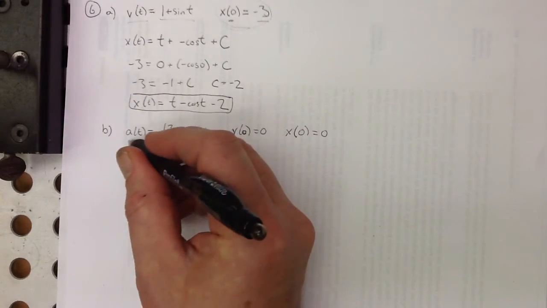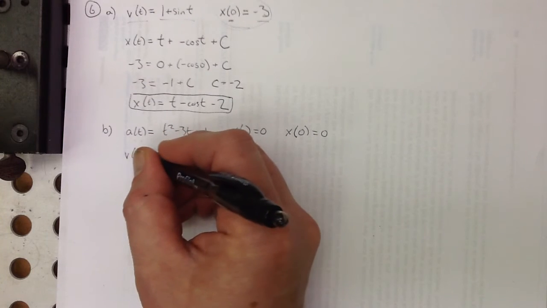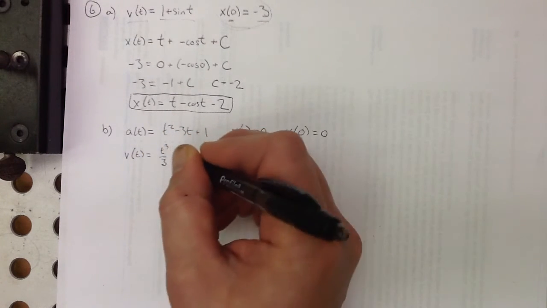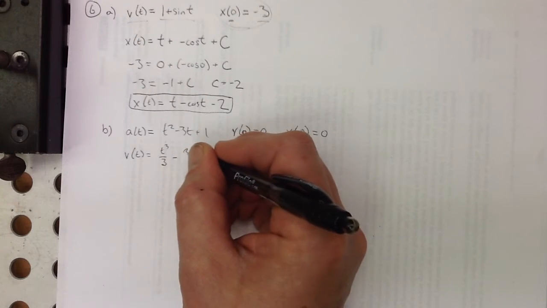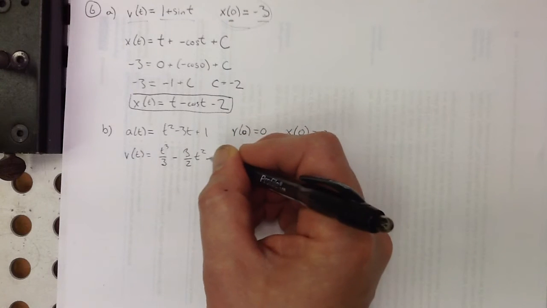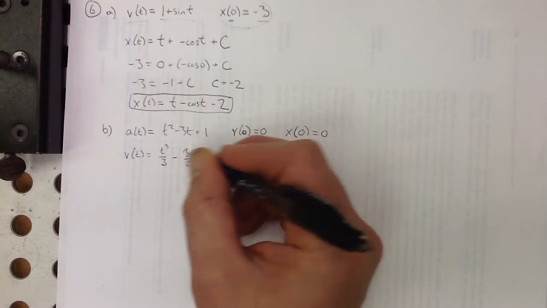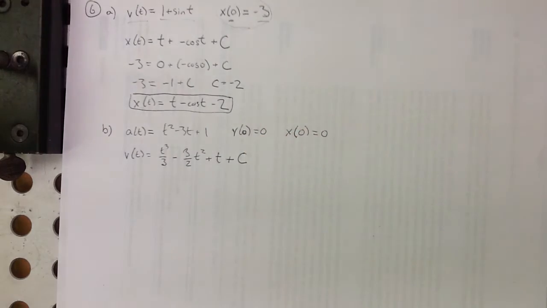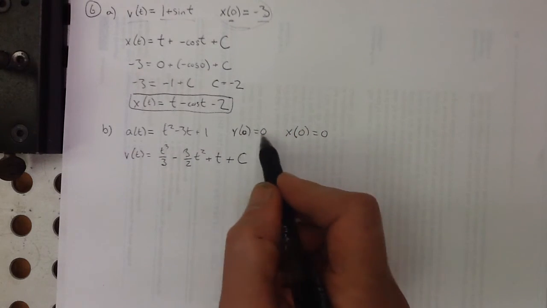Okay, so antiderivative of acceleration is velocity. That would be t cubed over 3 minus 3t squared over 2 plus t, there's my antiderivative, plus c. Then I can use this.